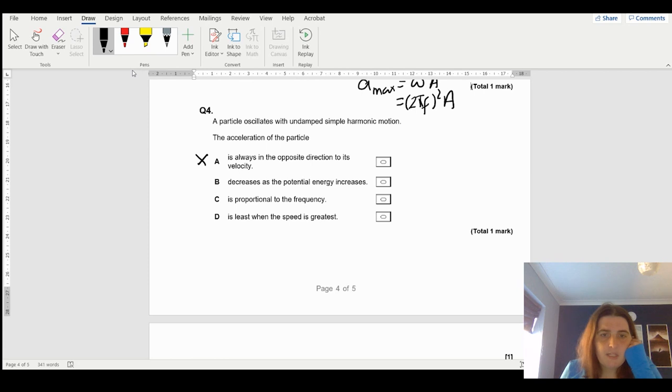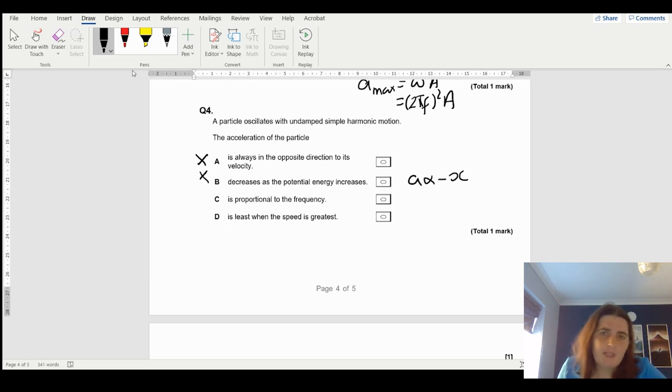It decreases as potential energy increases. That's also incorrect because where you have most of the potential energy is, of course, when you're mostly displaced. And since a is proportional to minus x, most displacement is most potential energy. So therefore, a is also going to be at its greatest there. So that's also incorrect.